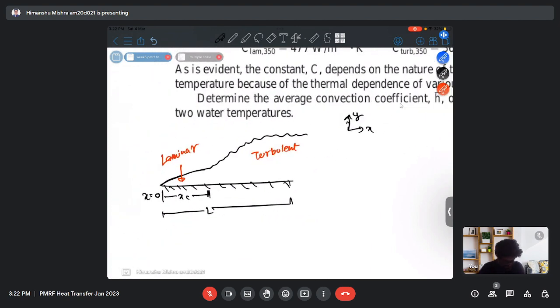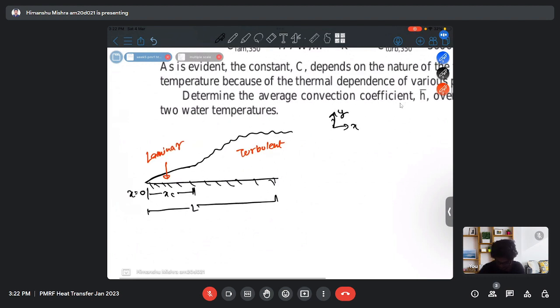So we need to find the heat transfer coefficient. Let me list out the properties.